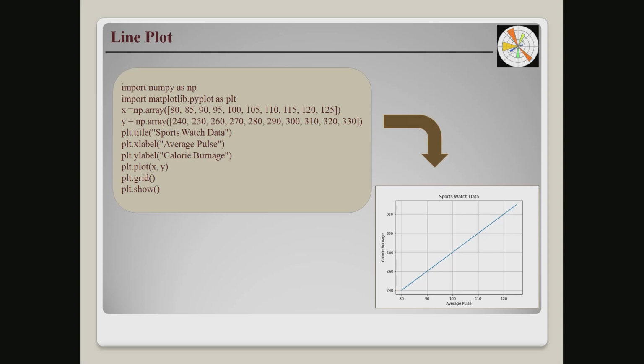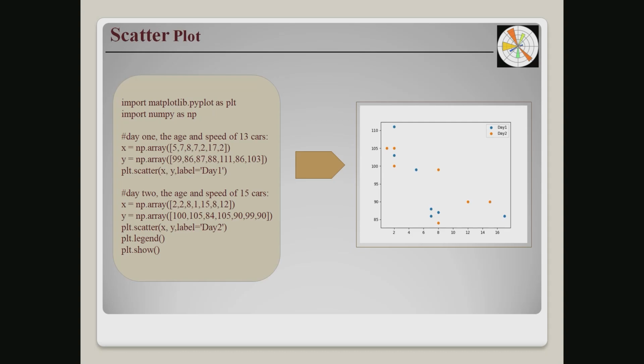You have the title method for giving a title for your graph, the xlabel method for giving the x-axis label, and ylabel for the y-axis label. The plot method is used for plotting the line graph. Inside the plot method you have to give two arguments, the x-axis values and the y-axis values. According to that data, the line graph will be plotted. Next we are going to see the scatter plot.